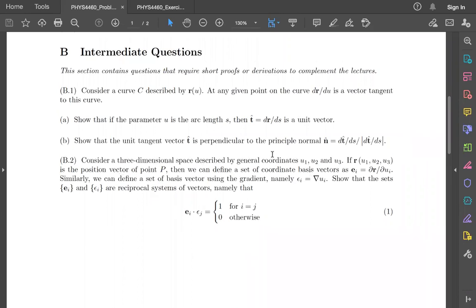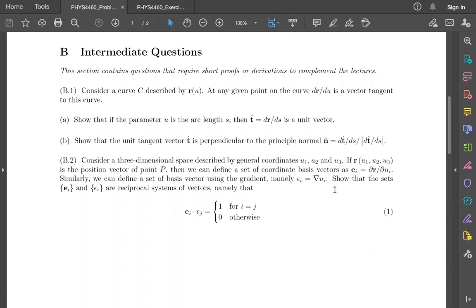The second question in the second part is also quite straightforward. I won't go into the details, but basically it asks to derive the scalar product between 2 vectors, namely e_i here, defined this way, and epsilon^i here, defined this way.